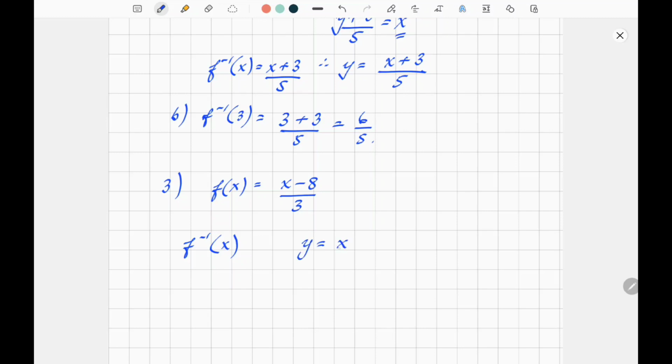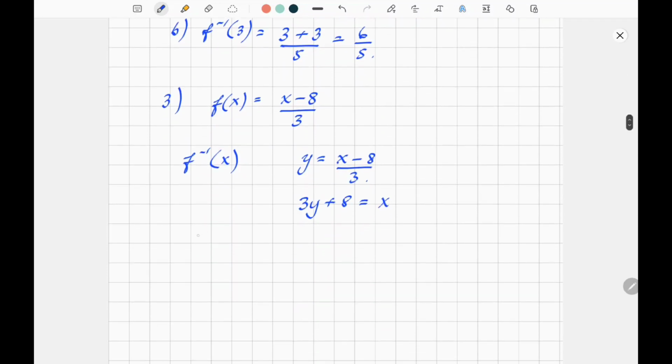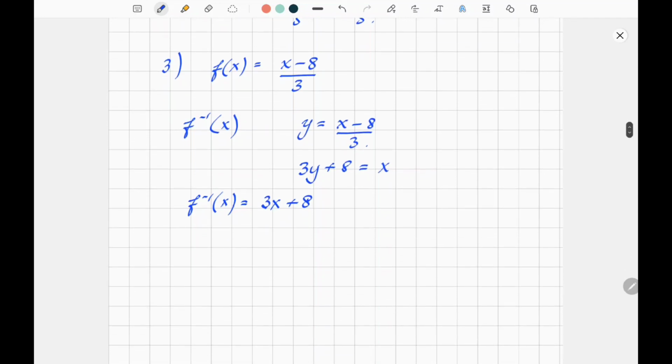So y equals x minus 8 over 3. So 3y plus 8 equals x. And as I said, we can just jump to the conclusion now. Does that make sense?